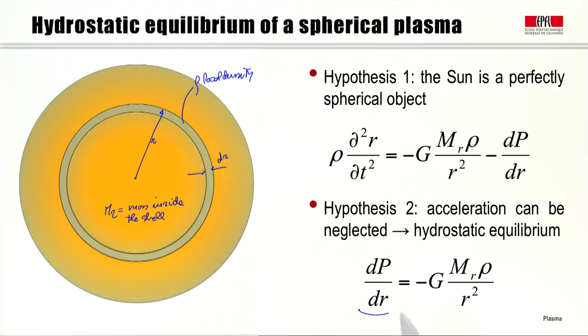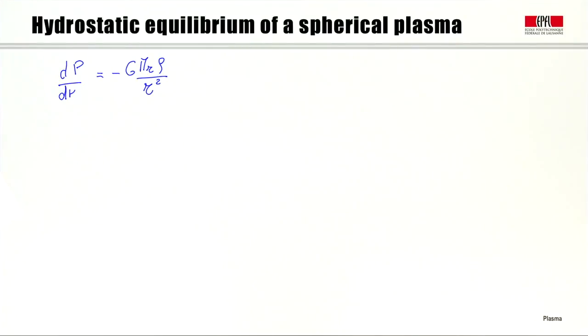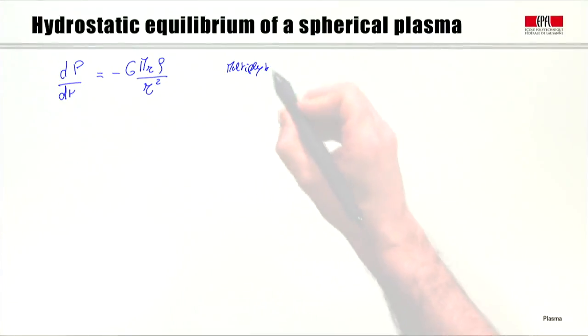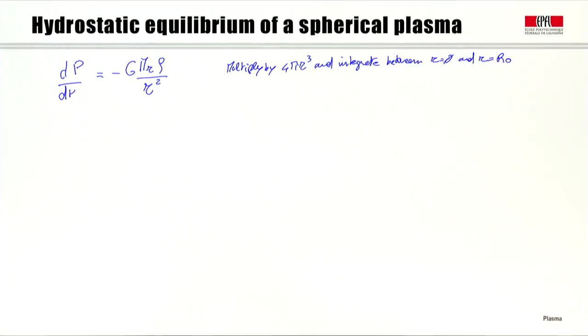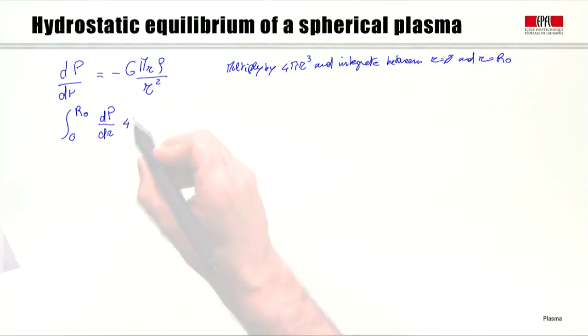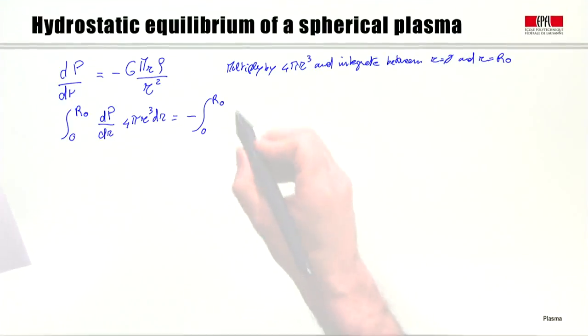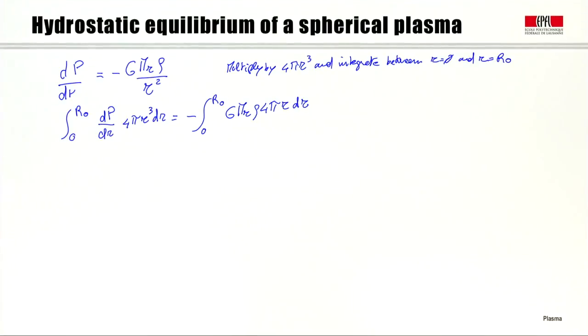In doing this, we're balancing the pressure forces that tend to expand the matter inside the Sun with the gravitational forces that tend to contract the mass of the Sun under its own weight. Let us now multiply by 4π r³ and integrate by parts between the center of the Sun and r0, which is the radius of the Sun.